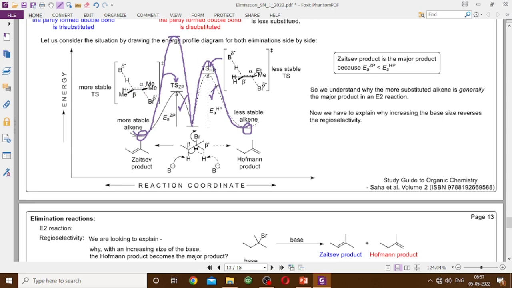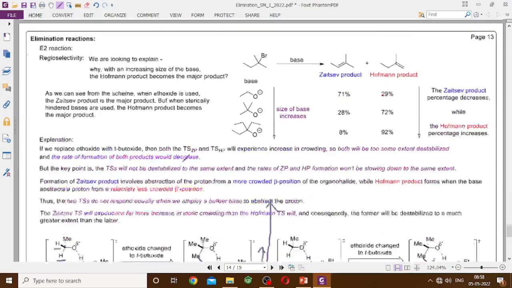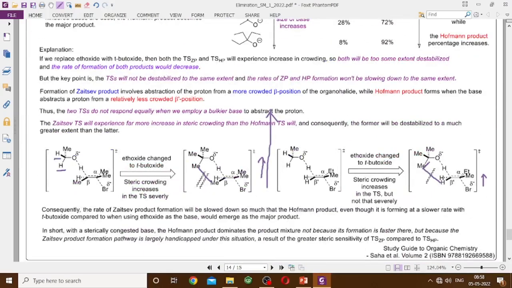So what will happen? Now the activation energy for the Hofmann product formation is less and it will be the major product. As you go on increasing the steric bulk of the base, these transition states will become even higher, but always the Zaitsev transition state will be more crowded compared to the Hofmann transition state.